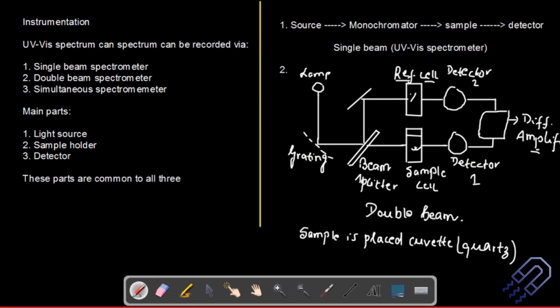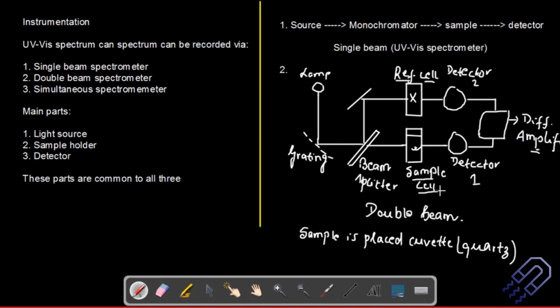It does not have anything. This will give you a signal, and this will give you a signal along with the sample. The differential amplifier is used to subtract this signal from this signal, and finally the result you get is the signal only from the sample. This is what we need to study, and that is why it is used.